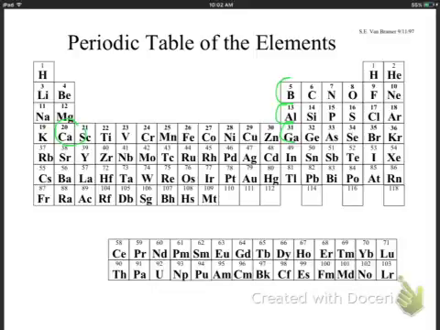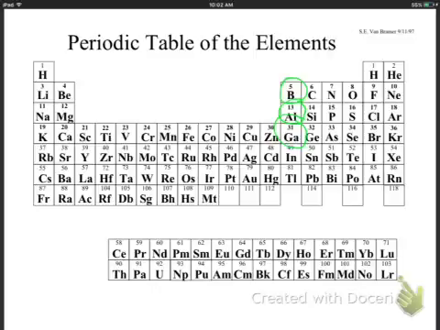Well, it's not as hard as you think. So we know that of these three, which are all pretty close on the periodic table, boron will be the smallest. We know that aluminum will be a little bit bigger than boron, and that gallium will be a little bit bigger than aluminum. Where would calcium fit into that? There's one of these where we have a known relationship to calcium.